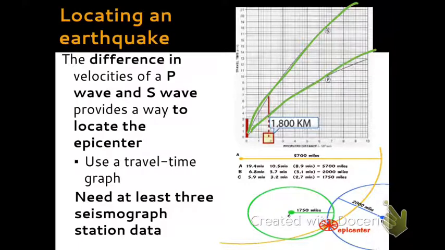They then have a little equation that talks about the difference between the two, and that gives them a line. And this line is going to be converted into miles. So however many minutes were between the P and S waves shows you about how many miles there were from one another.